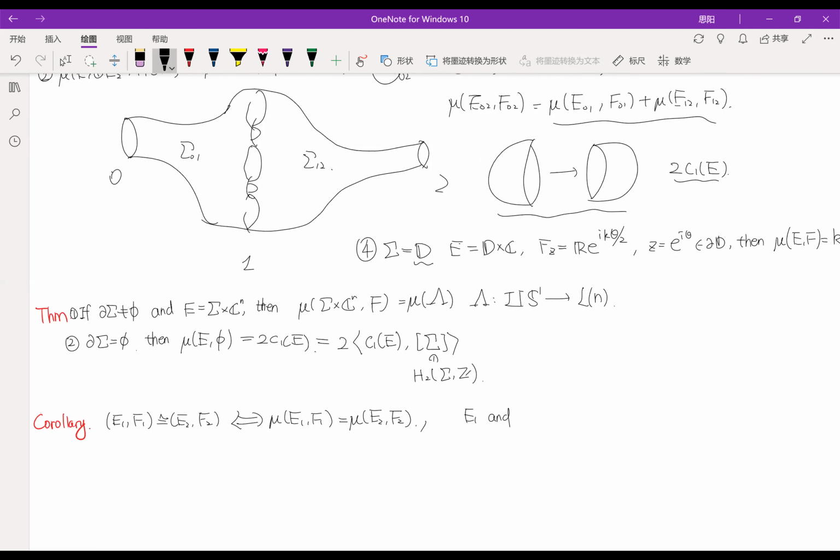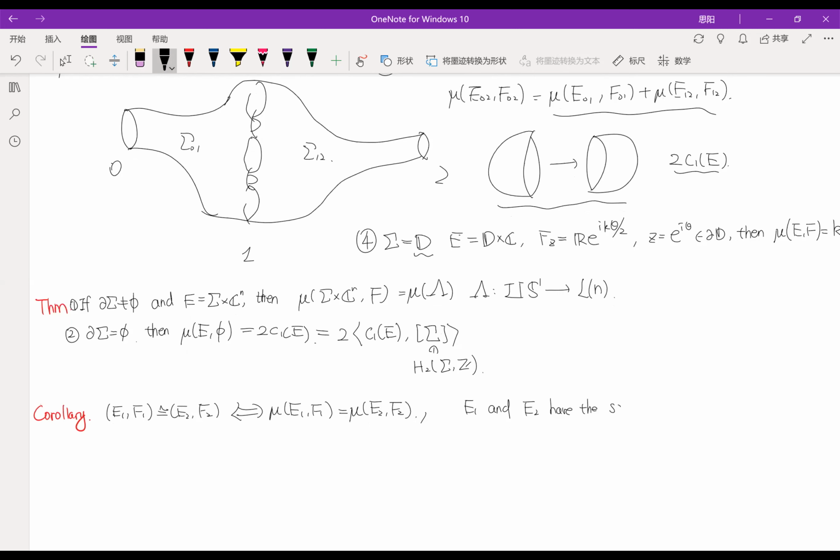Because they have the same rank, and for each component C of the boundary, the two real vector bundles are isomorphic.